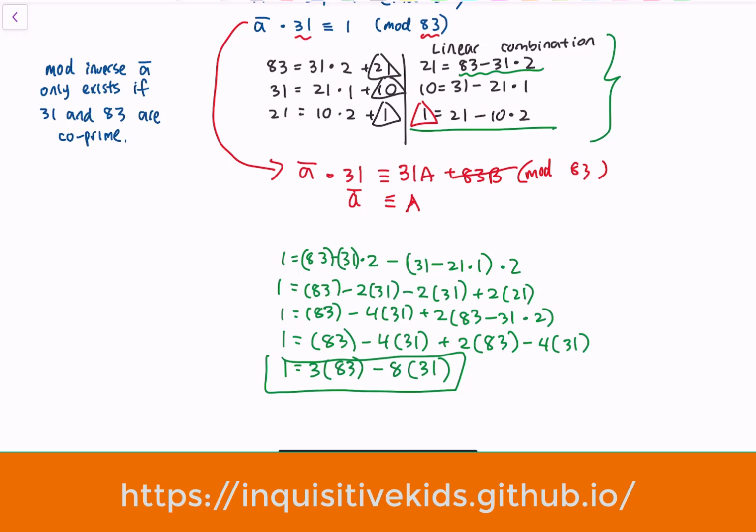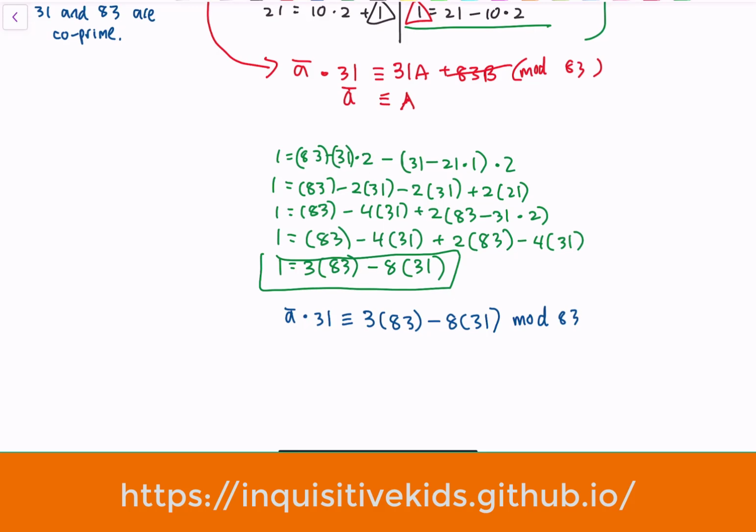Let's go back to our overarching congruence, which is this. A bar times 31 is congruent to, this time we're going to rewrite the 1. 3 times 83 minus 8 times 31, mod 83.